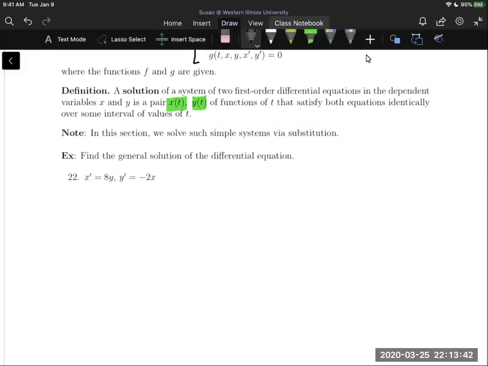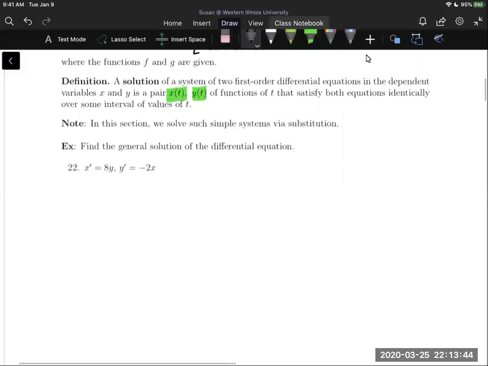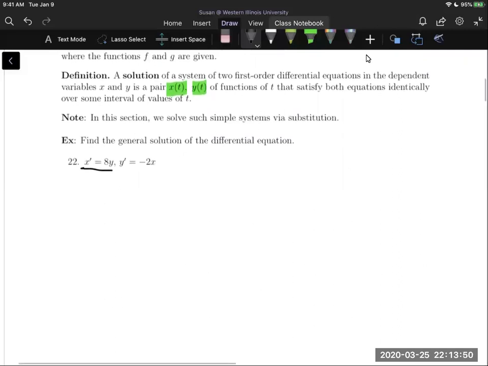And what I'm going to do is arbitrarily choose to look at this first DE. I'm going to say, all right, if I know that x prime equals 8y, then I could also say that x double prime equals 8y prime, just by taking the derivative of both sides. But I also know that y prime is equal to negative 2x.